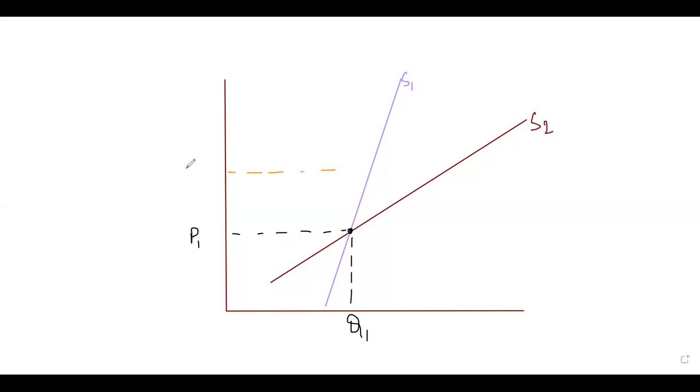So if price has increased from P1 to P2, how much is the change in supply for S1? There is a small change, from Q1 to Q2. And if you look at the change in supply for S2, that's much bigger, right? Yes or no?